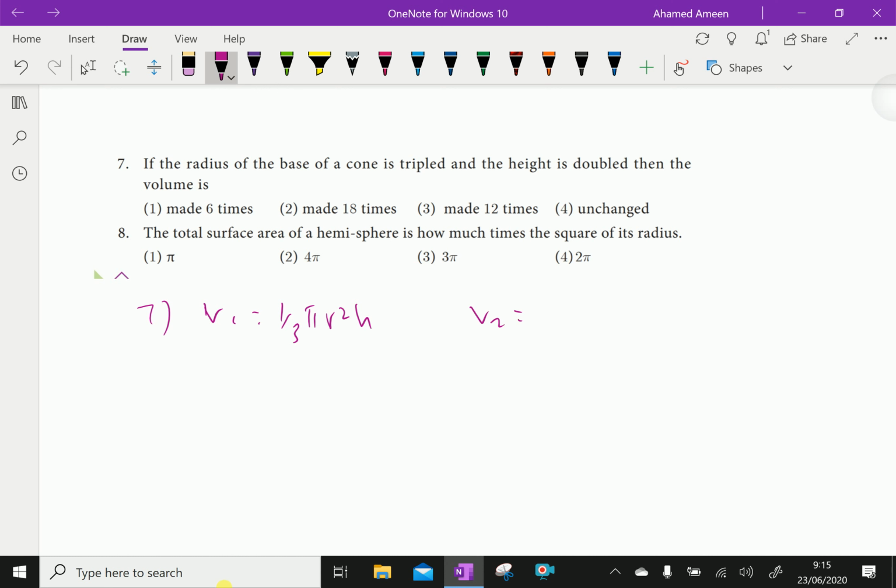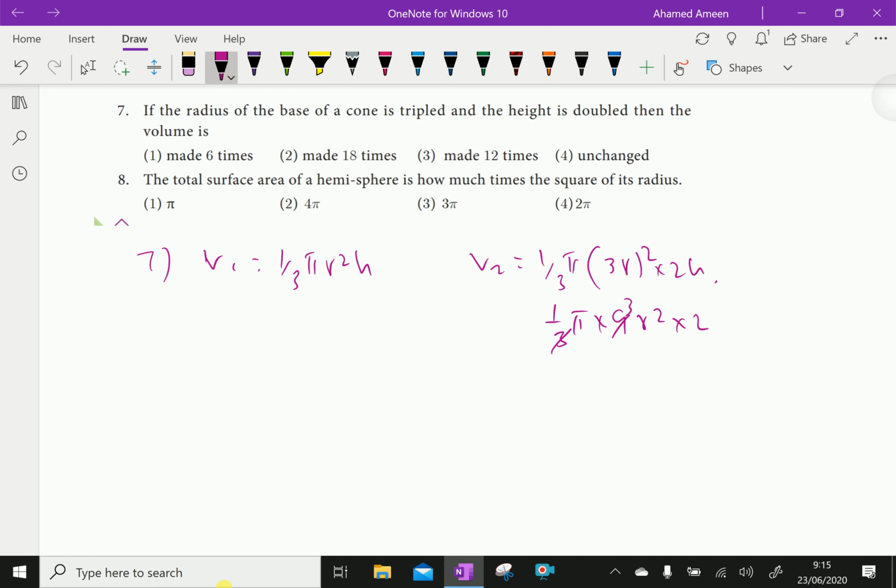V2 is 1 by 3, they are saying radius of the base of the cone is tripled, that is 1 by 3 pi into 3r squared, and the height is doubled, 2h, that is 1 by 3 pi 9 r squared into 2h.